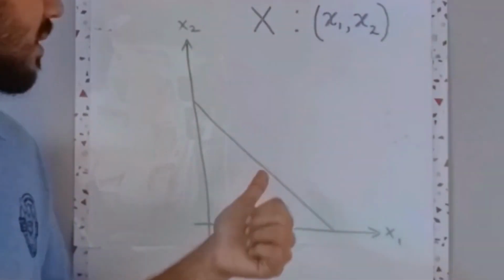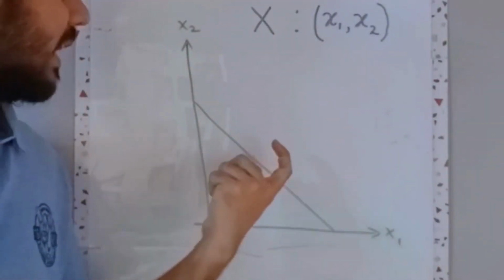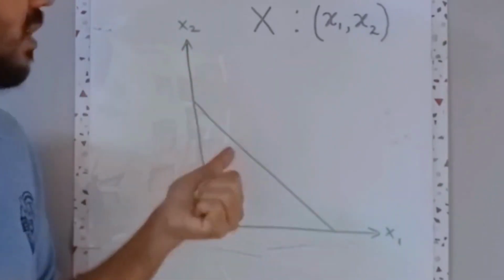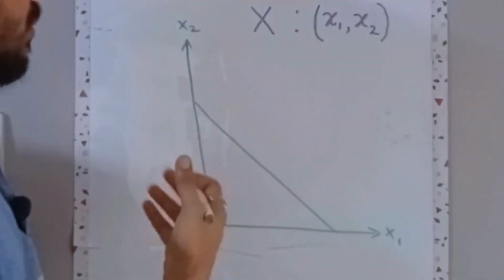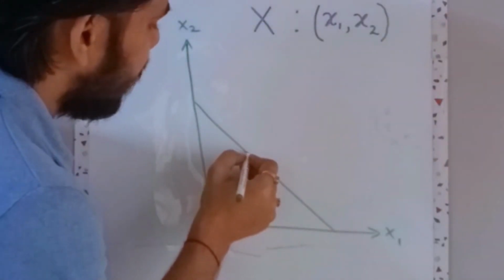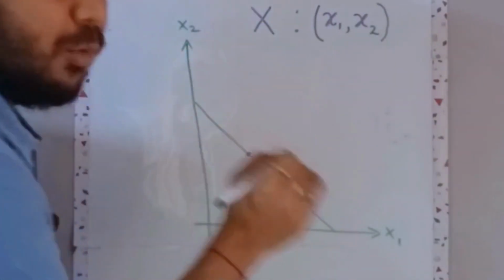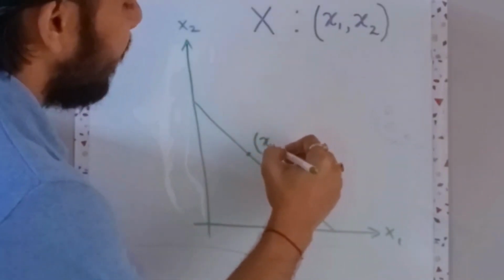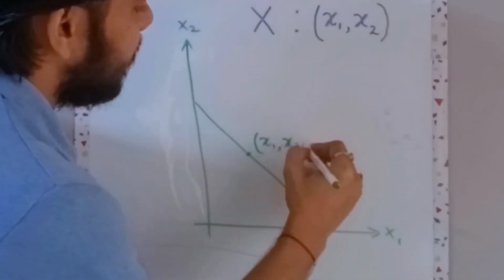Now this is your case of indifference between two goods in that consumption bundle. Why will this be a case of perfect substitutes? Let's understand this. Think about the axes as x1 and x2.